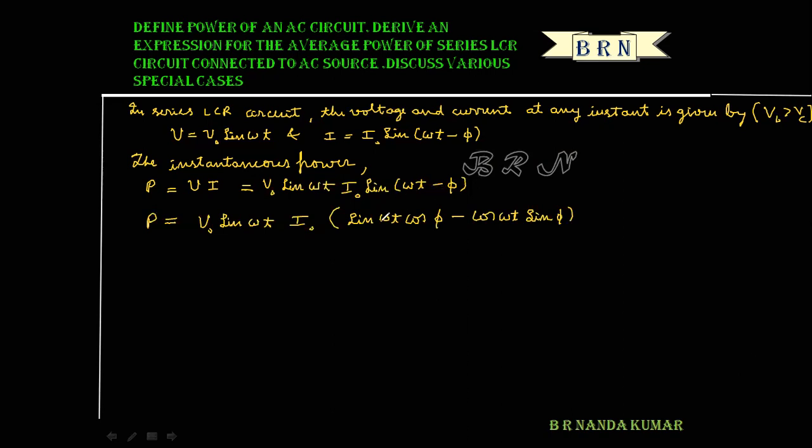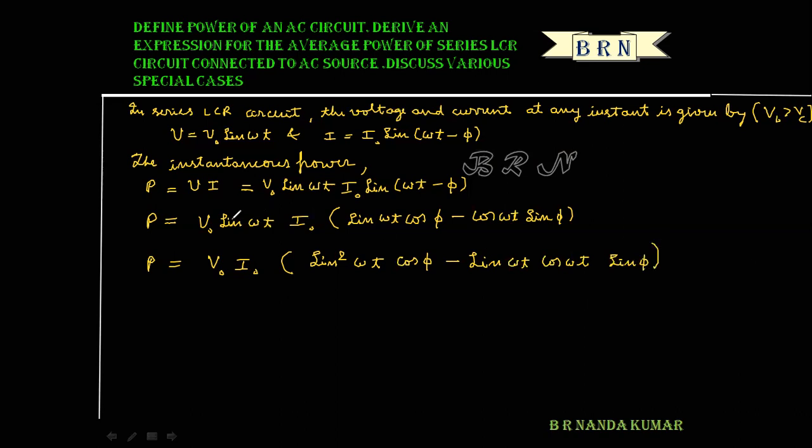Sine of A minus B is sine A cos B minus cos A sine B. So P is equal to V naught I naught of sine omega t into sine omega t, that is sine square omega t cos phi, minus sine omega t cos omega t sine phi, right?